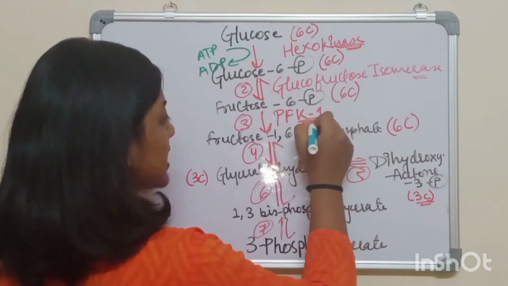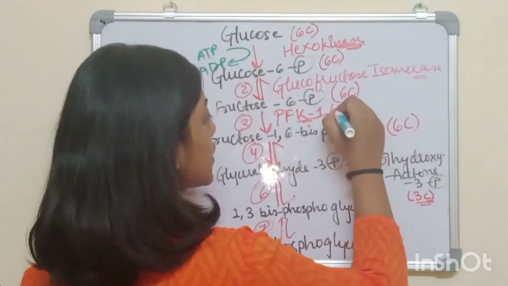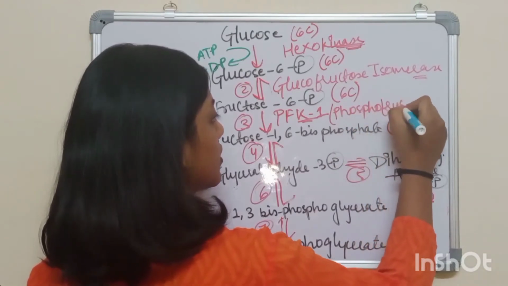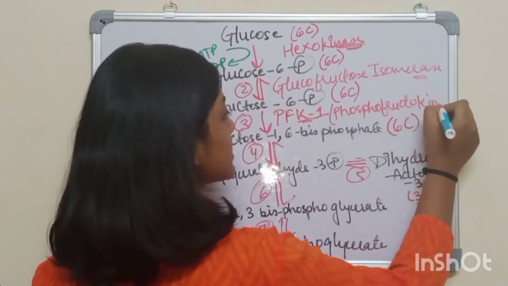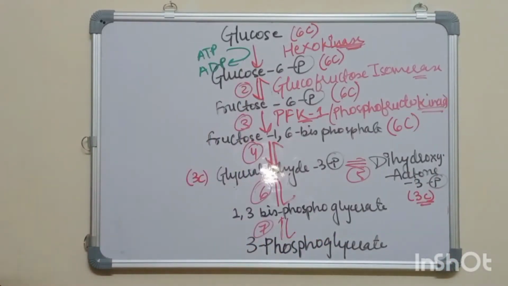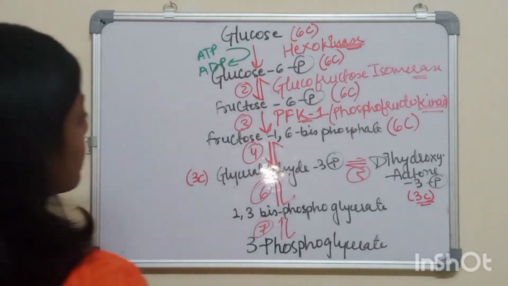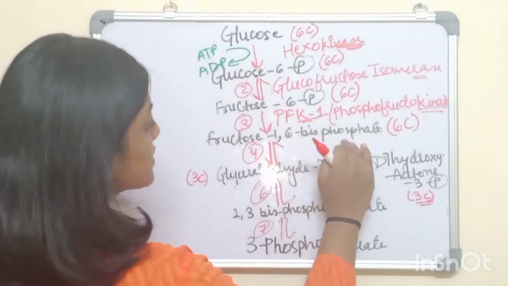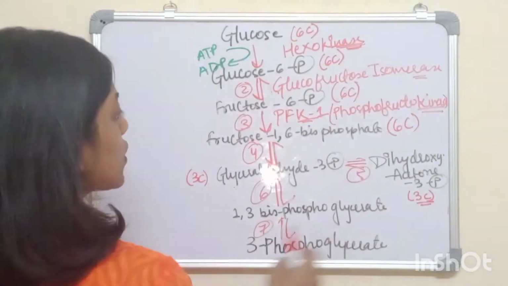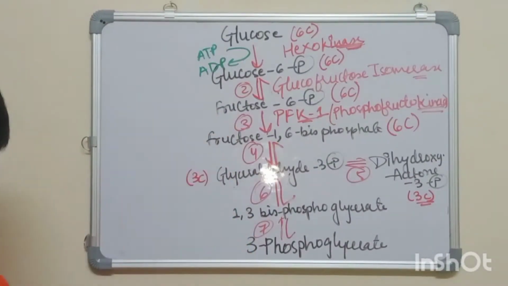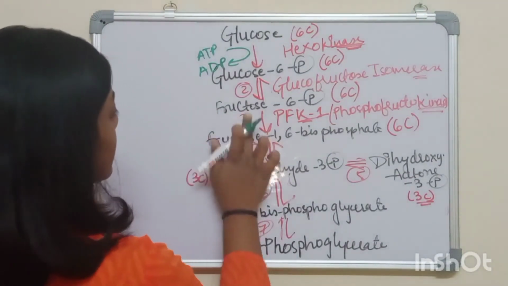It is a very important enzyme. PFK1 stands for phosphofructokinase. Again, it's a kinase, so it adds a phosphate group. Fructose 6-phosphate has only one phosphate group, but fructose 1,6-bisphosphate has 2 phosphate groups. So PFK1 adds one more phosphate to the fructose 6-phosphate. It again consumes an ATP.